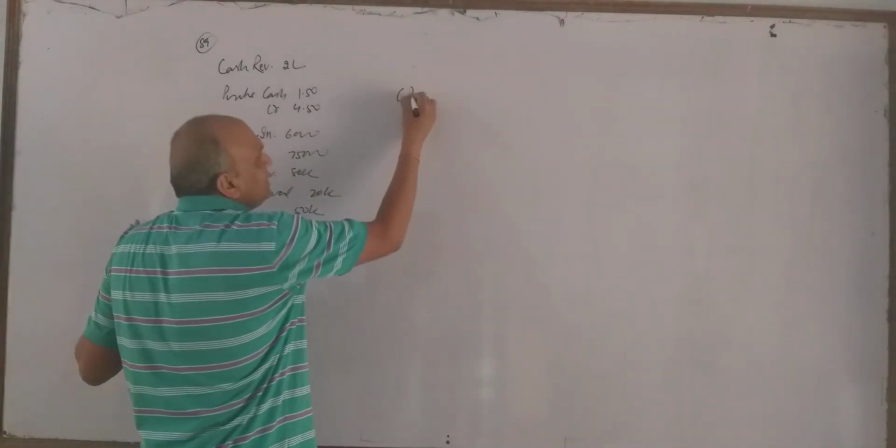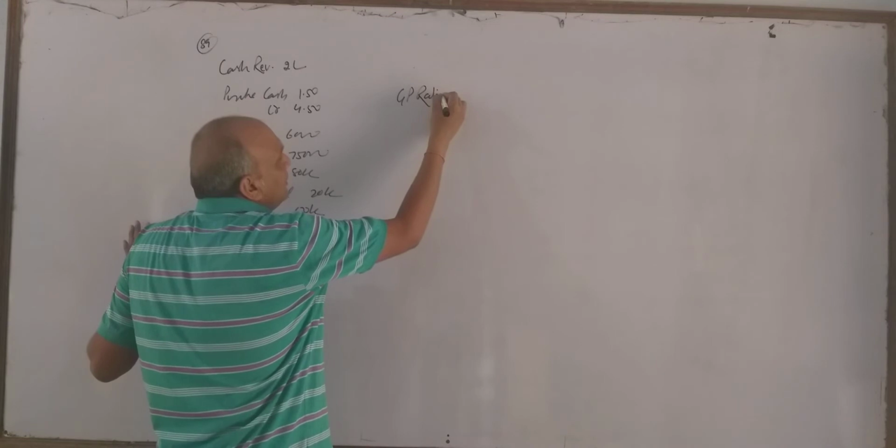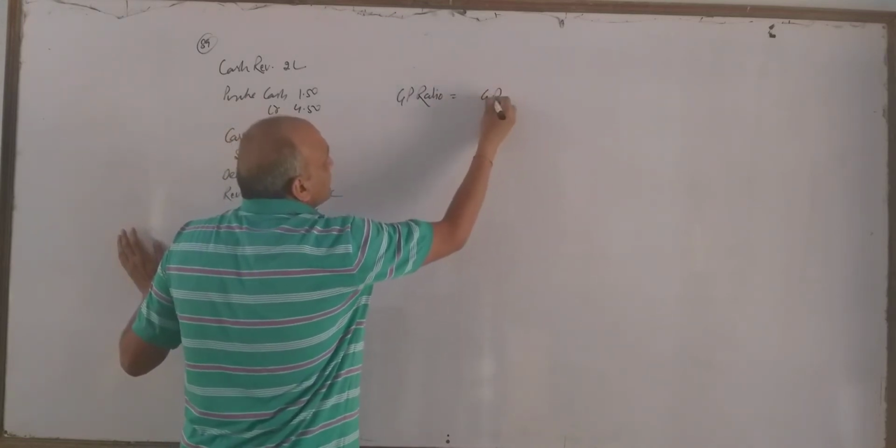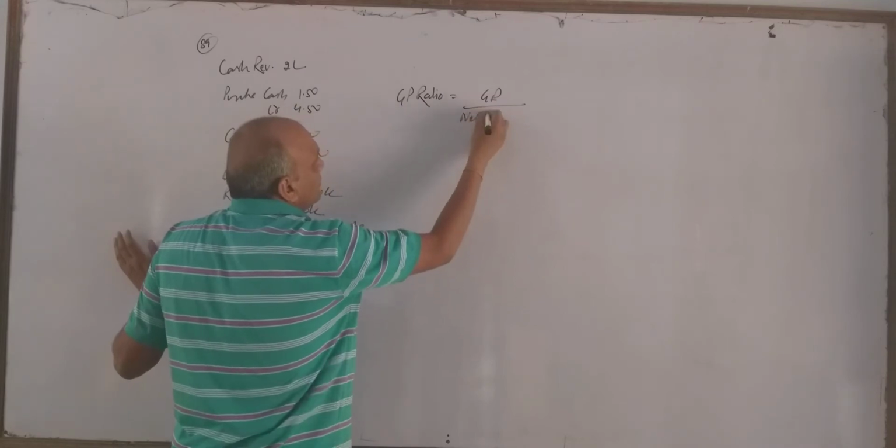Find gross profit ratio. Now see, again as per the formula, GP ratio is equal to gross profit upon net revenue.